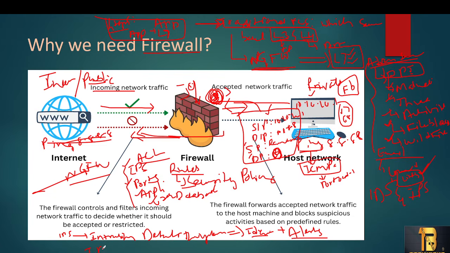The next one is an IPS, which is an intrusion prevention system. The intrusion prevention system is going to identify the threats, plus it is going to block them as well.